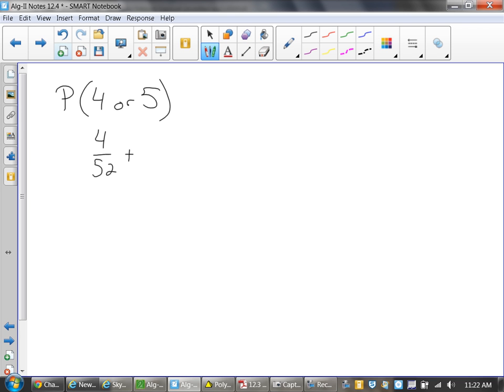What's the probability of getting a 5? So that means they don't share any overlap. They're completely mutually exclusive of one another.